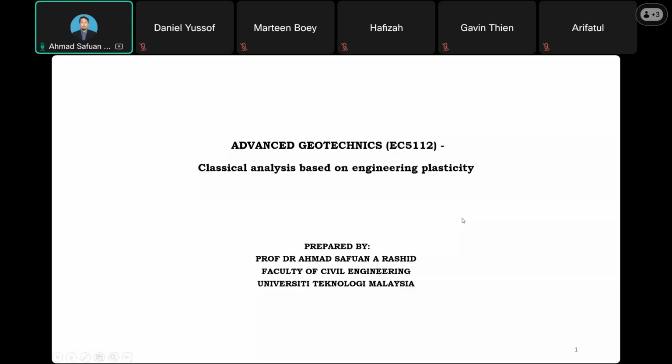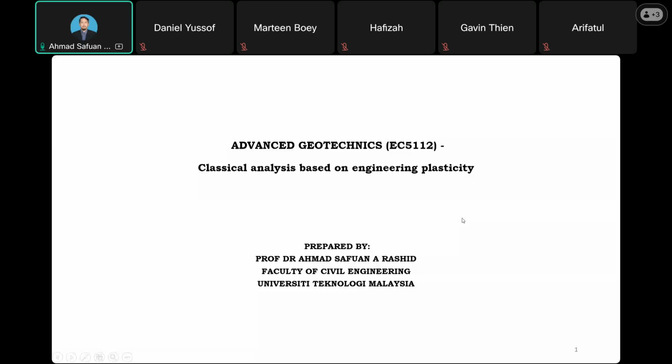This module aims to develop a conceptual understanding and analytical ability of students to develop solutions to a range of advanced geotechnical problems. So this module covers the following topics. Geotechnical analysis based on engineering plasticity.